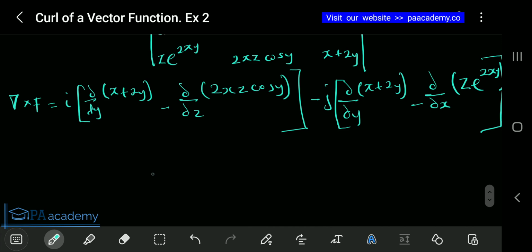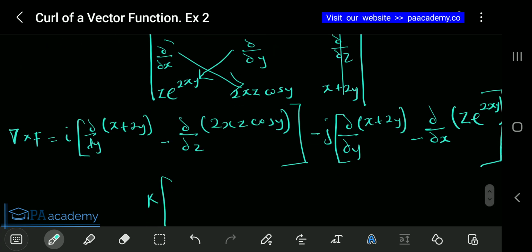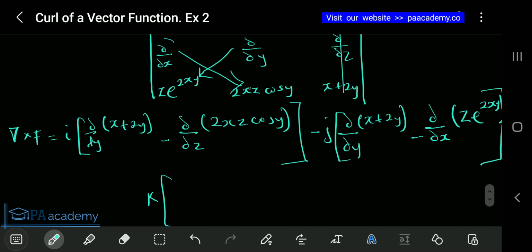Now let's go to k. For k, I'm going to ignore this column and multiply this with this. No, I mean we're going to multiply this and then subtract the product of this from the initial one.